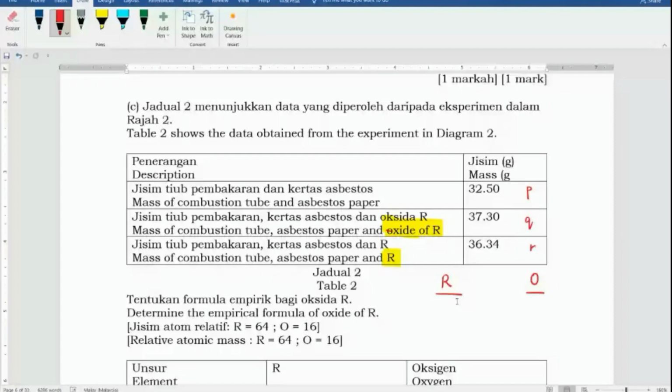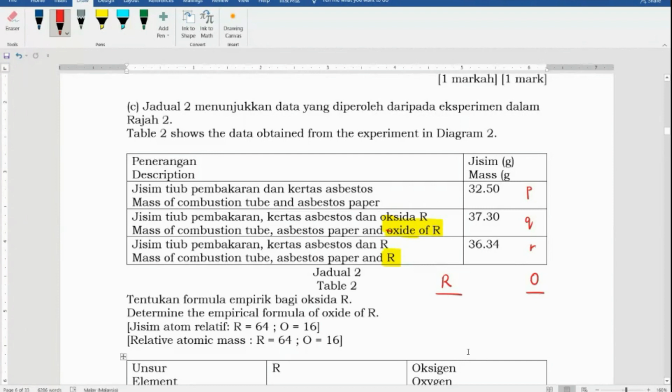Class, what do you think? If Q minus R, you get the O, correct? Because both got R. R minus P, yes, very good.